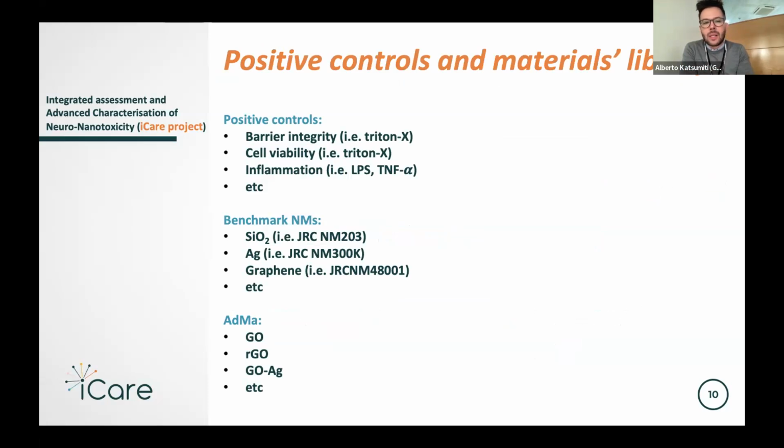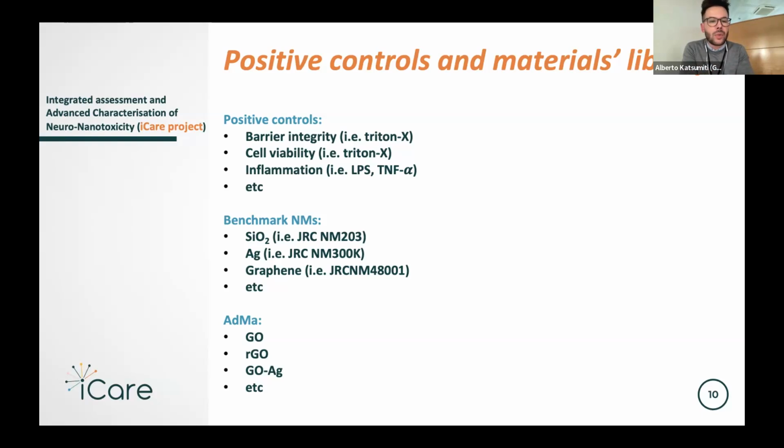As possible positive controls, we use, for example, Triton X for the barrier integrity and also cell viability, and LPS, TNF-alpha, and other cytokines for inflammation. These are just some examples of the positive controls, but of course, many chemicals are being considered as positive controls for these tests.